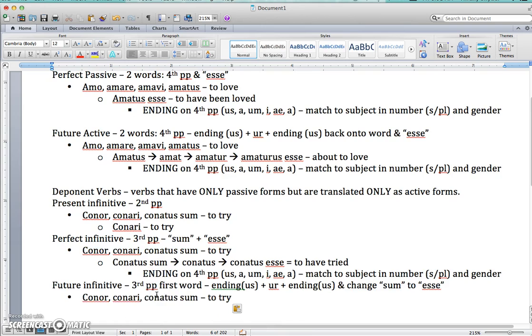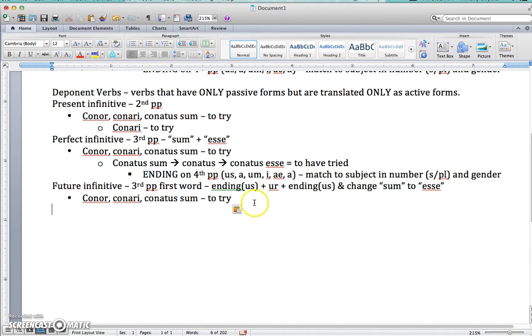There we go. So I've got, let's do that. Third principal part, conatus sum. And then I'm going to take just the first word, conatus. Take the ending off.